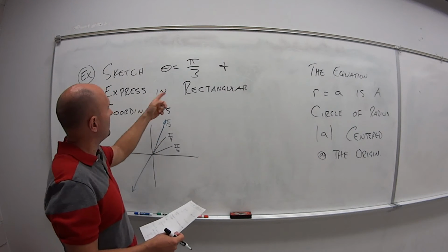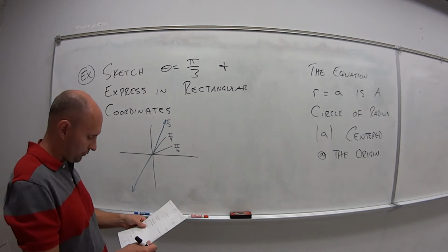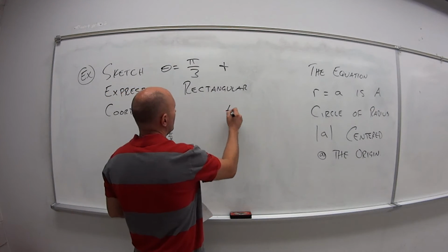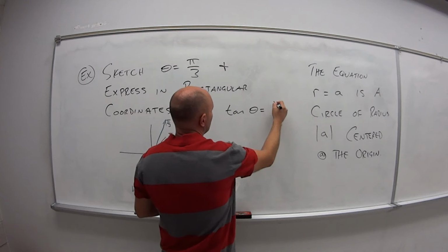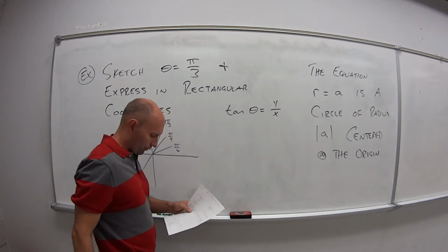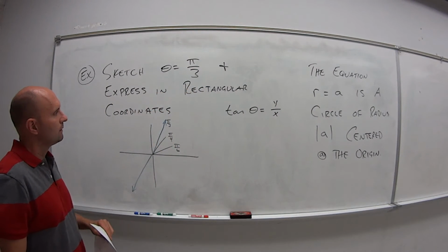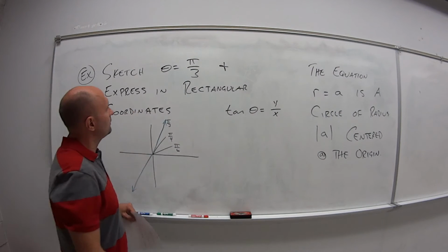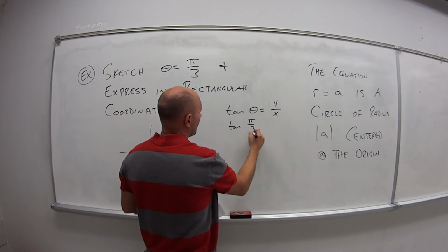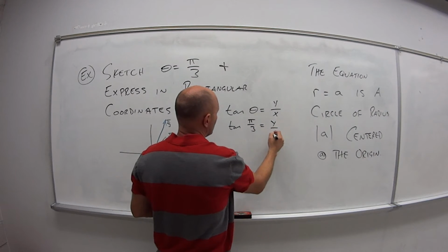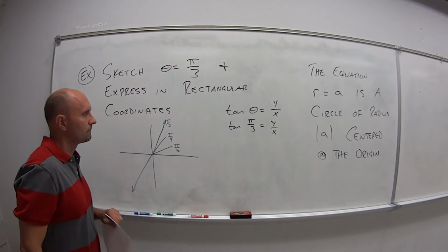As far as the second part, theta is equal to pi over 3. So recall from our equation that tangent of theta is equal to y over x. So in this case, my theta is pi over 3. So that means I want tangent of pi over 3 is equal to y over x.